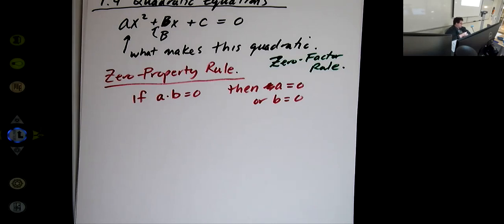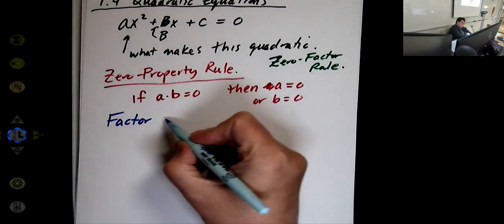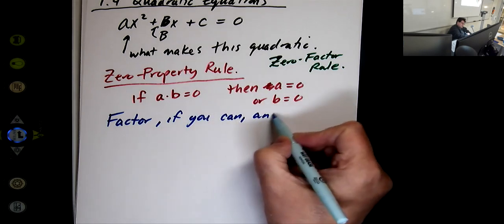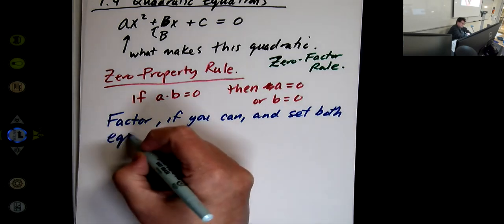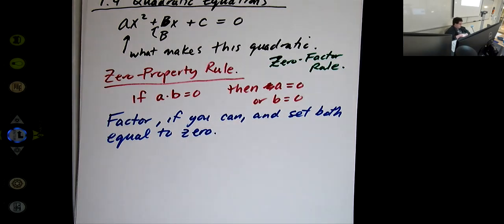So what can we do with that? Factor them if you can, and set both equal to 0. So let's just go with an example.